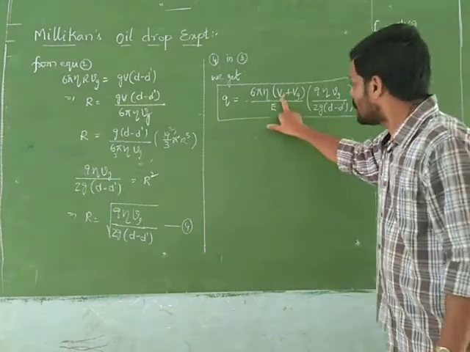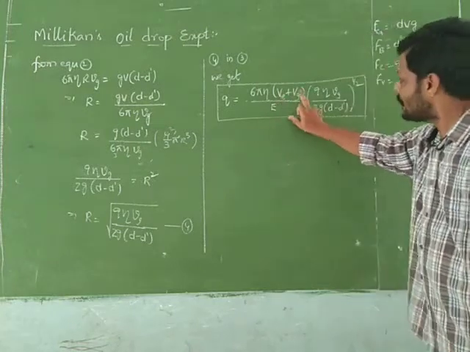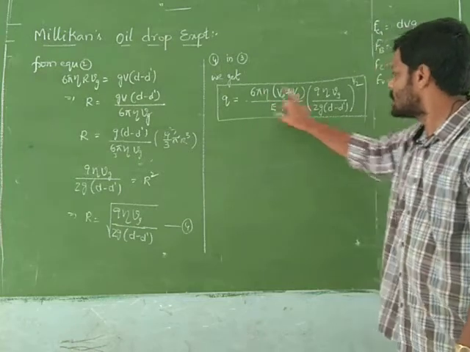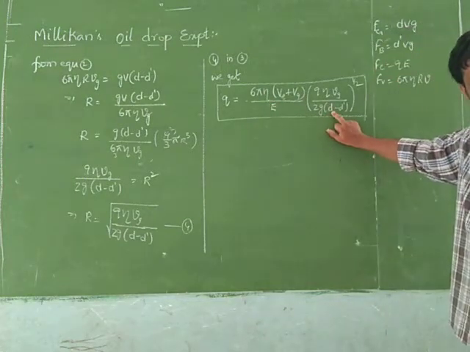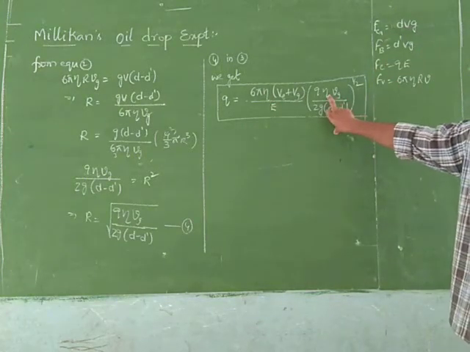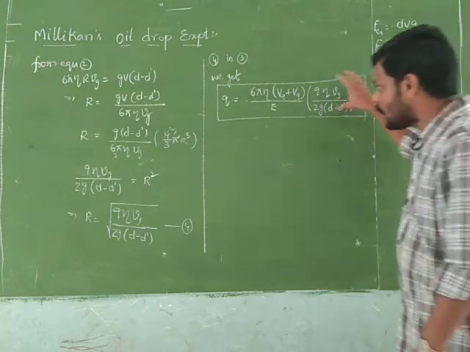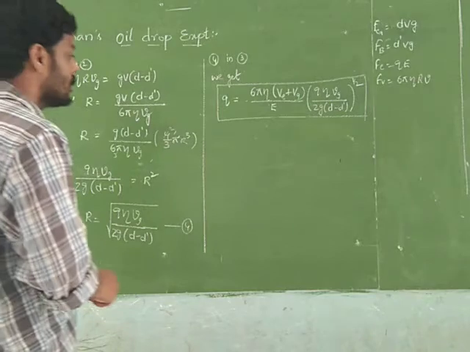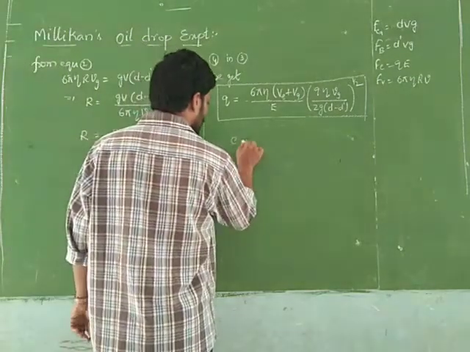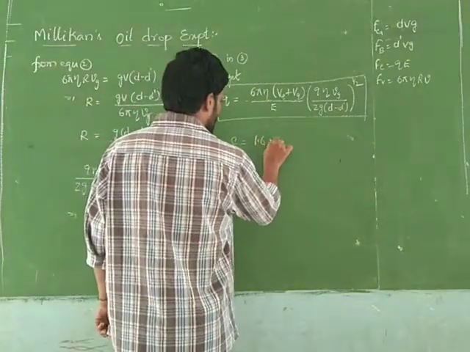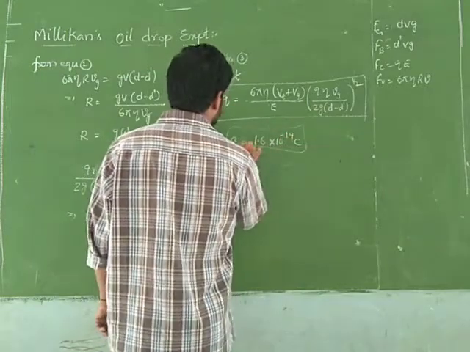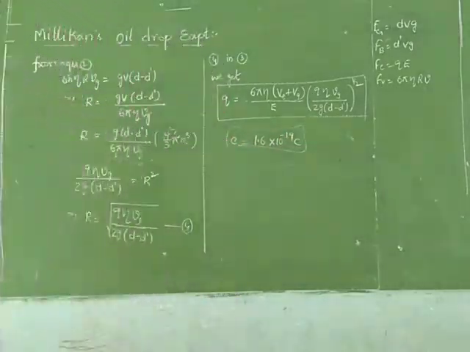Whether it is the terminal velocity due to electric field, terminal velocity due to gravitational field, field intensity, coefficient of viscosity, density of the material, density of the medium, and everything. If I substitute all these values, the charge of electron is estimated as 1.6 into 10 power minus 19 coulombs. Right?